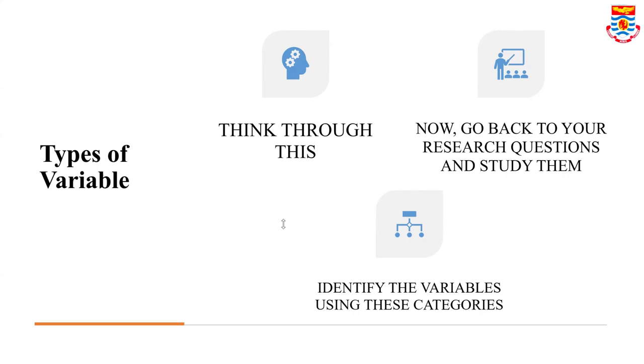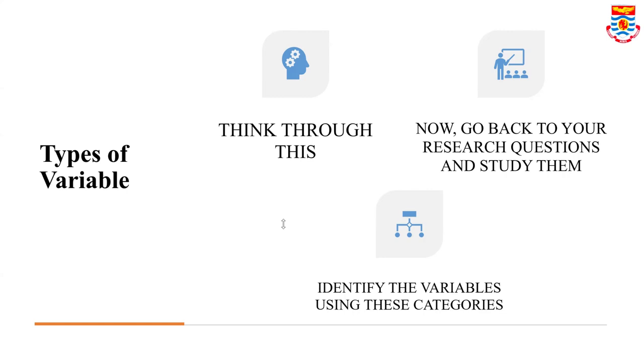If not, my assignment to you is to go and look carefully and check the variables you have in your work and how you want to measure them. Is your measurement on the nominal scale, ordinal scale, interval scale, or ratio?